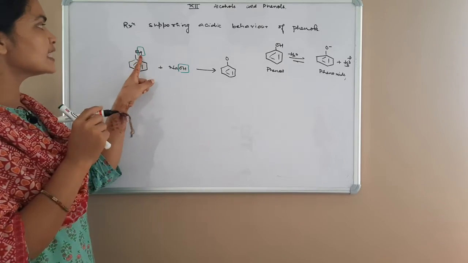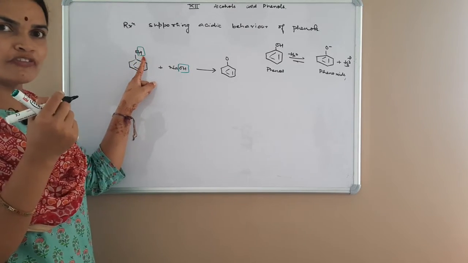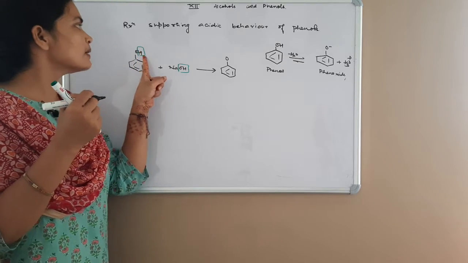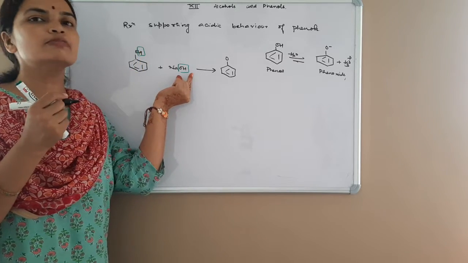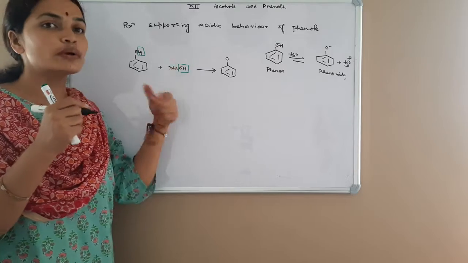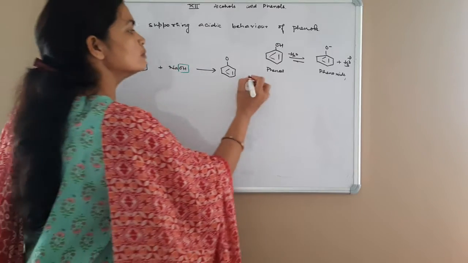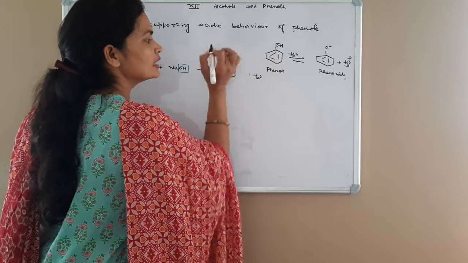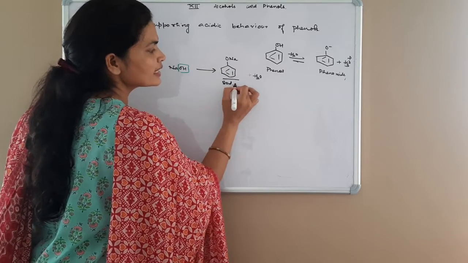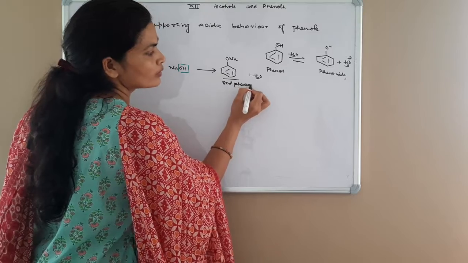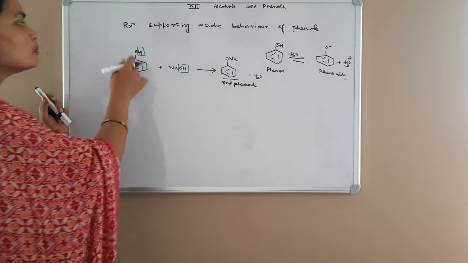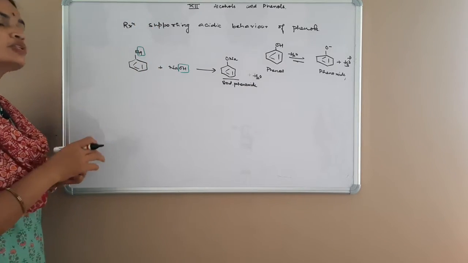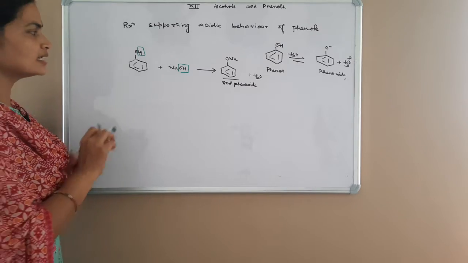Because when it liberates hydrogen, it liberates this in the form of H positive. So positive part of phenol combines with the negative part of sodium hydroxide, that is OH negative. So on combination they form H2O, and this is ONa. So this is sodium phenoxide plus H2O. Because in this case H positive of phenol has gone, this proves that phenols are acidic in nature.